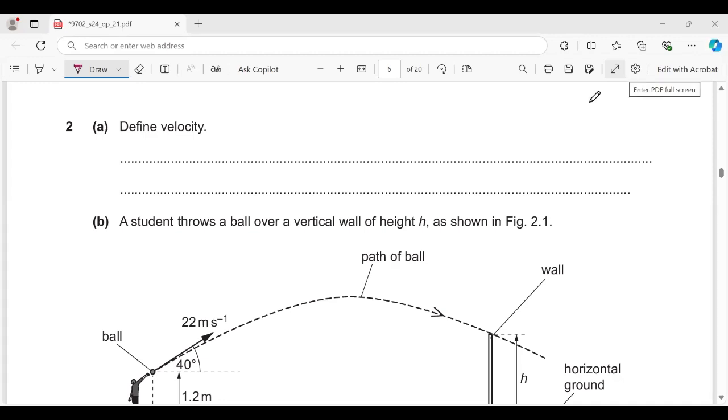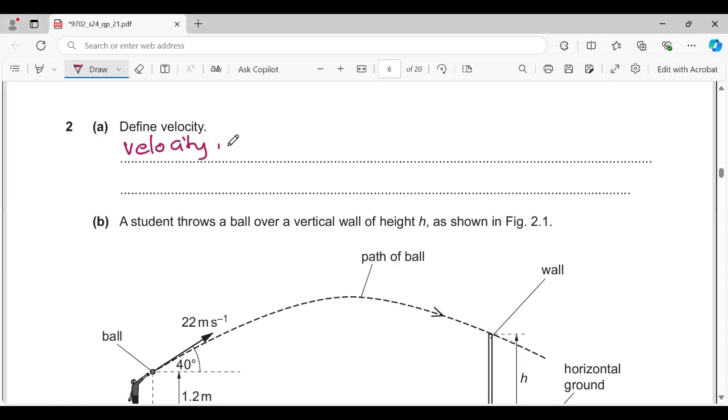Number 2, define velocity. Velocity is change in displacement. In velocity, you can calculate through displacement over time.